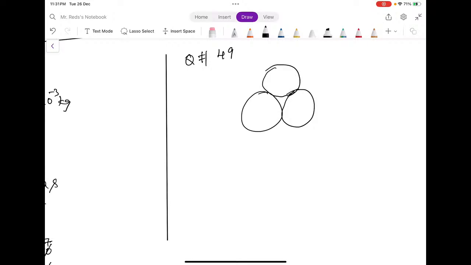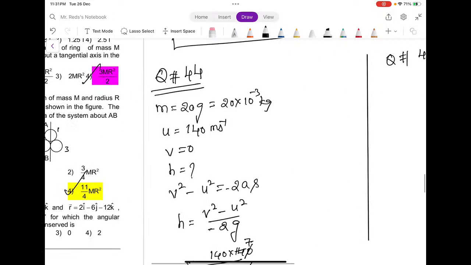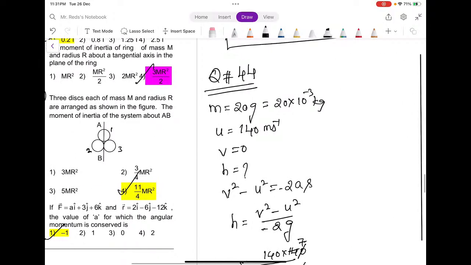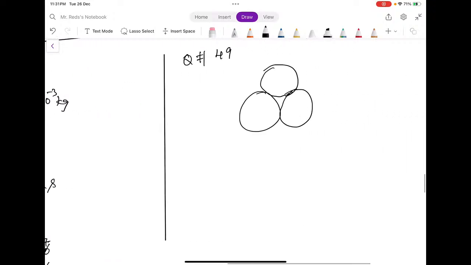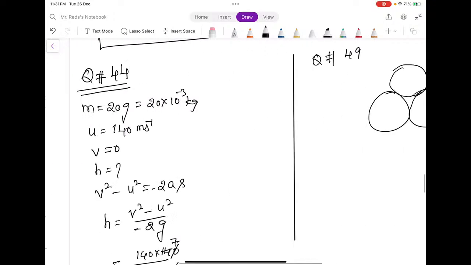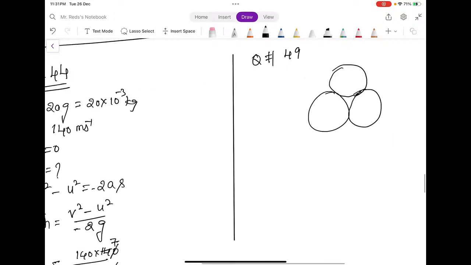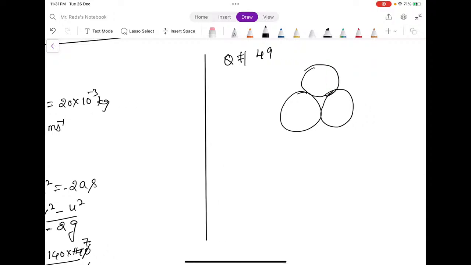So they are arranged in a horizontal plane, let us say, on a table. 3 discs, each of mass m and radius r, so identical discs, all having the same mass. That axis is passing through like this. This is the axis, guys. So this is axis AB. This is the first disc, this is the second disc, this is the third disc.